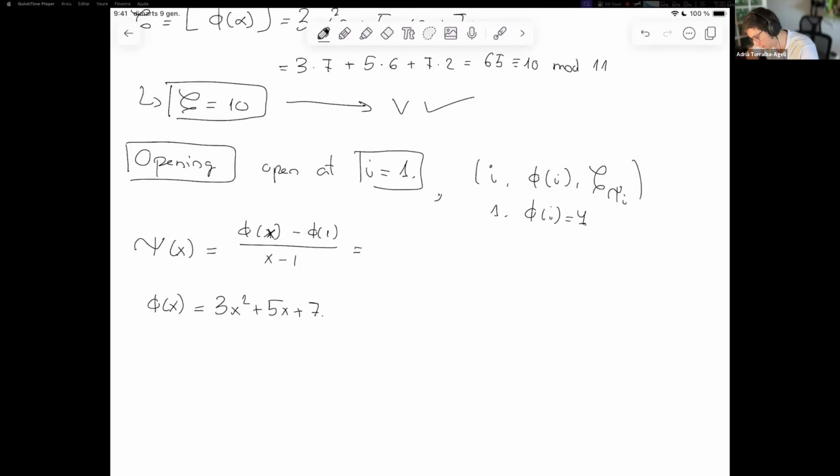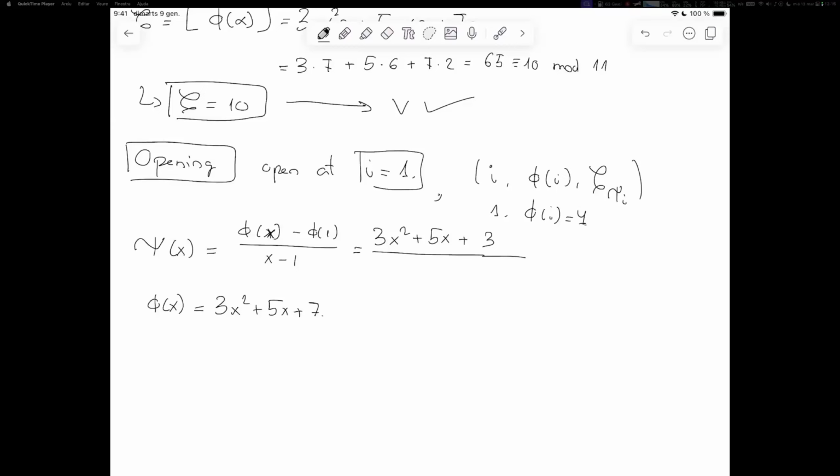With this information on the screen, you should be able to tell me what I should put in the numerator and the denominator. In the numerator, 3 times x squared plus 5 times x plus 3. Why plus 3? Because it's 7 minus 4. And the denominator?